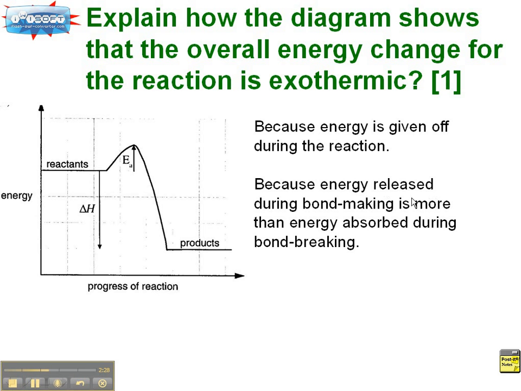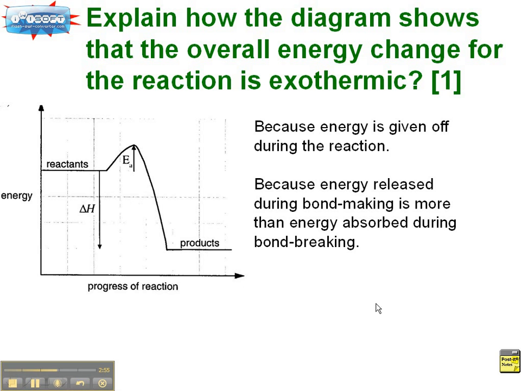Or because energy released during bond making is more than the energy absorbed during bond breaking. Okay, so you cannot tell from this diagram the energy absorbed or released or bond making or bond breaking.